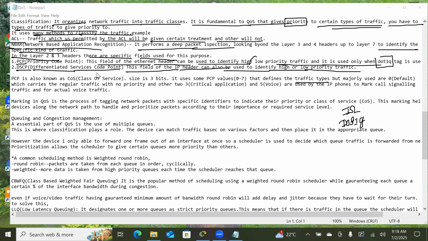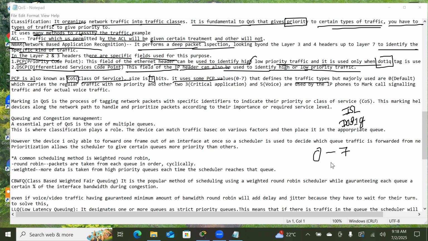Before that, let me tell you how it gives the priority here. PCP is also known as QoS class of service. It is just 3 bits, and it uses PCP values from 0 to 7.